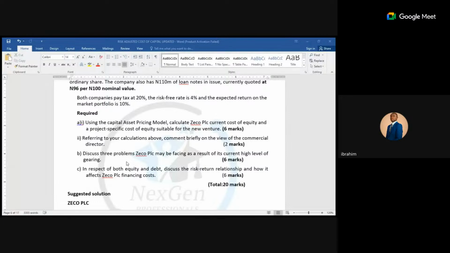It will be very difficult for them, because debt holders will be expecting their interest and principal as at the date of maturity.